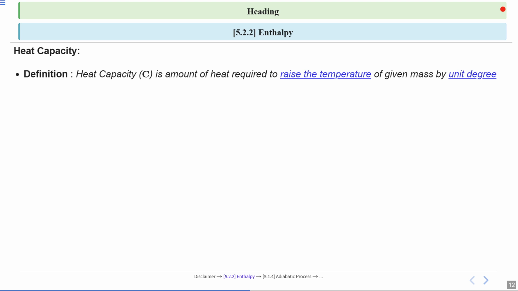Okay, so I'm not specifying the unit right now, and you also need not do the same, because a change in temperature is not affected by the unit. It will be the same amount of change in terms of Fahrenheit, in terms of Kelvin, in terms of Celsius. Now, again, I am repeating it. What is heat capacity? It is the amount of heat that you will give to a given amount of substance, or a given mass of a substance, so that you can raise its temperature by 1 unit degree.